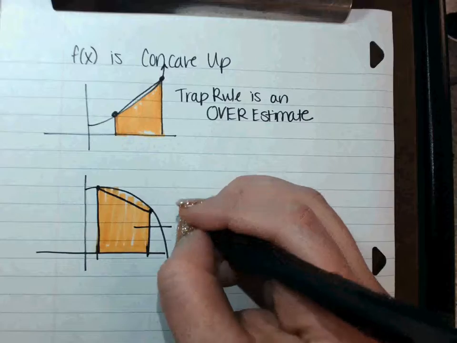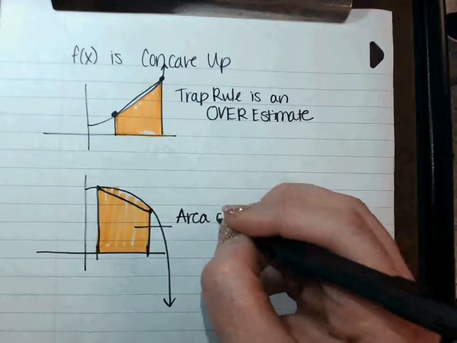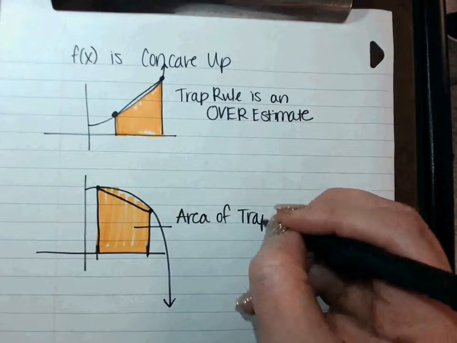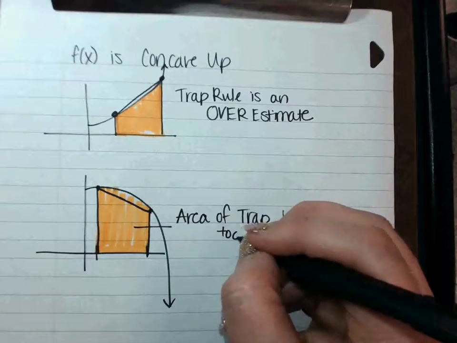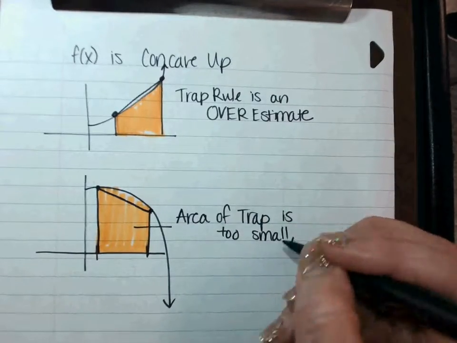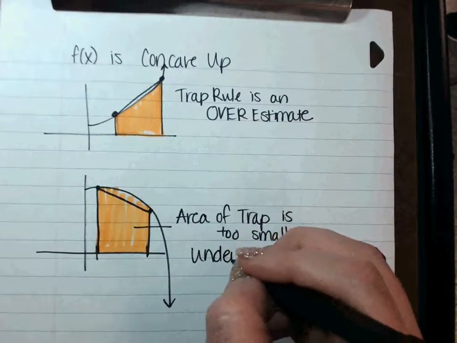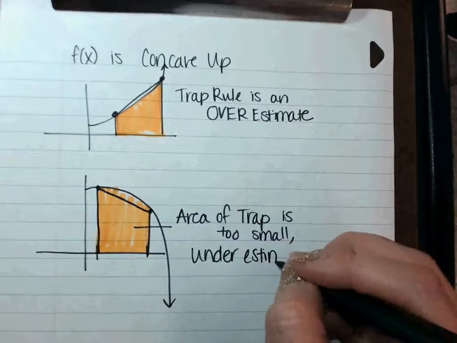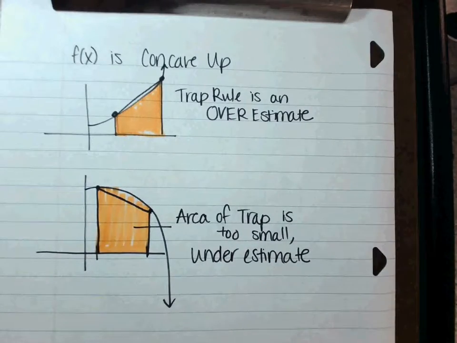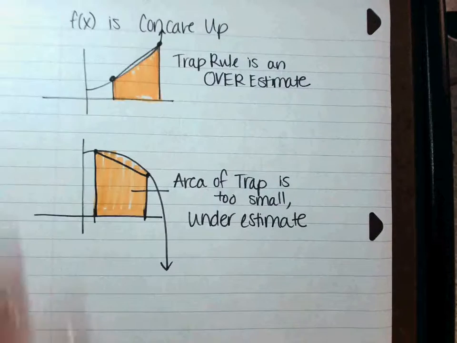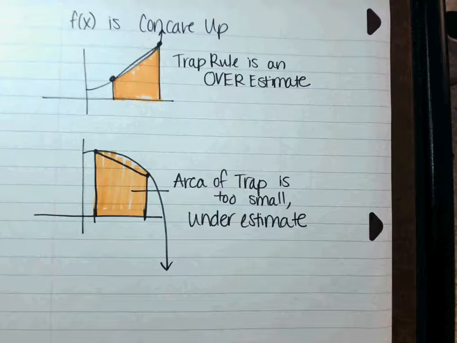It's too small. Area of trap is too small. Therefore, it is an underestimate. But remember, you're always comparing the trapezoid size to the actual area size.